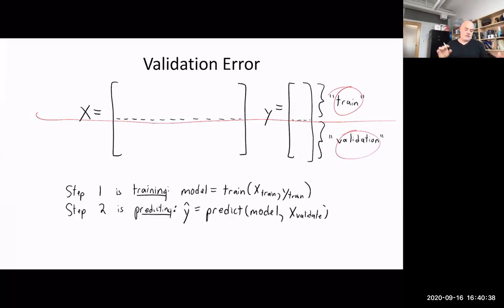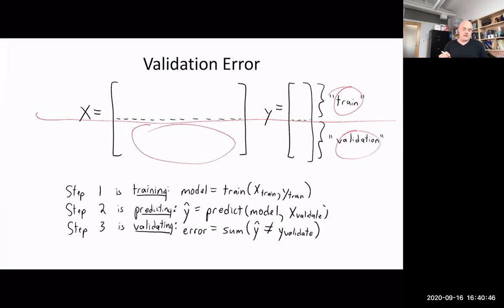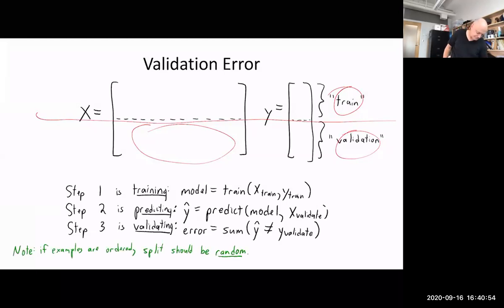Step 2, you predict using the model on X validate, and that gives you some Y hat. Step 3, you look at the validation error. And if the data are somehow ordered, the split should be random. That's a detail that isn't super important at this point.